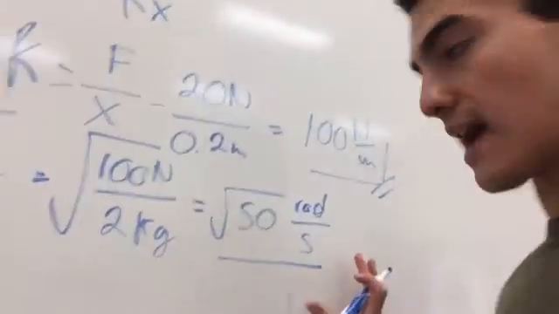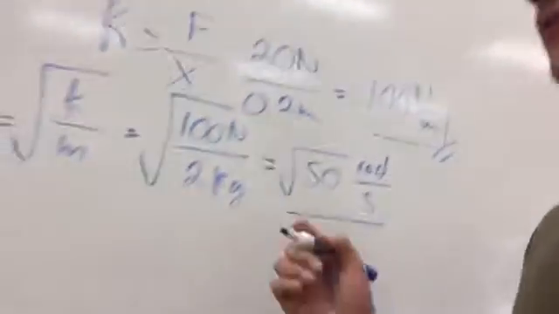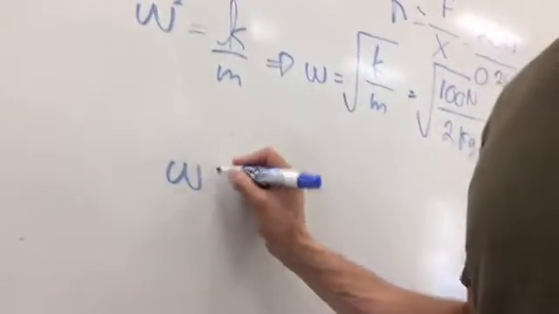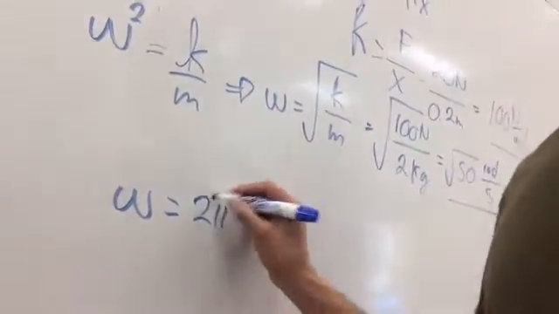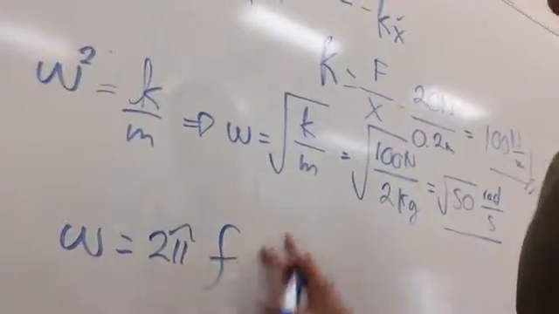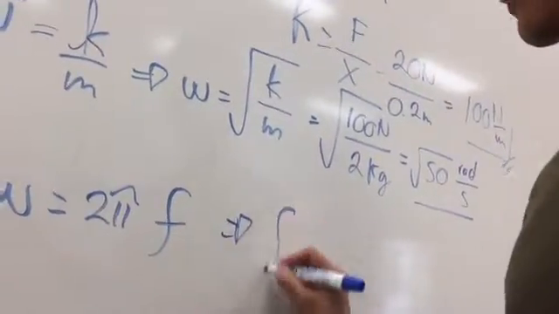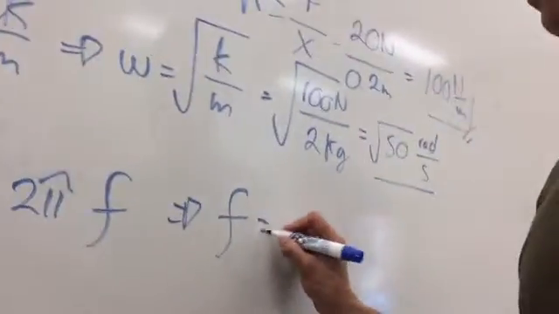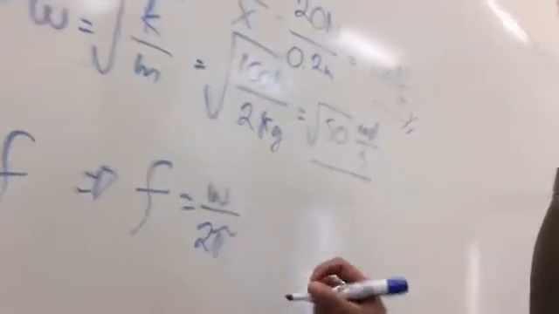Once we know this value, we can now calculate the frequency with the formula that says omega is equal to 2 pi times the frequency. If we solve for the frequency, we obtain that the frequency is equal to omega over 2 pi.